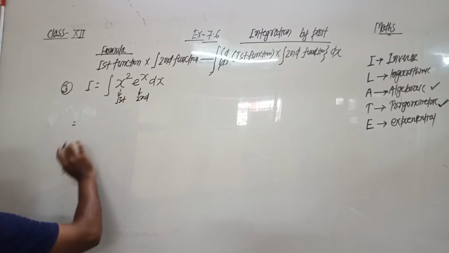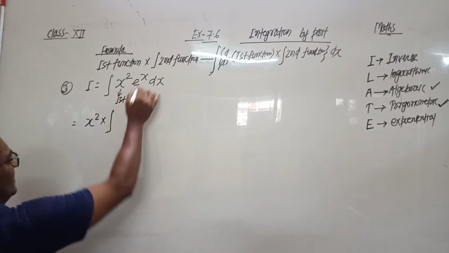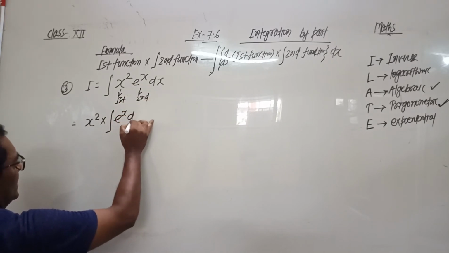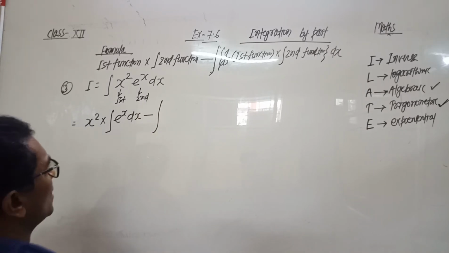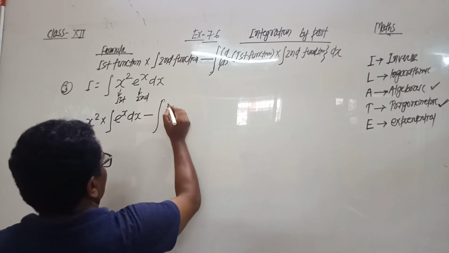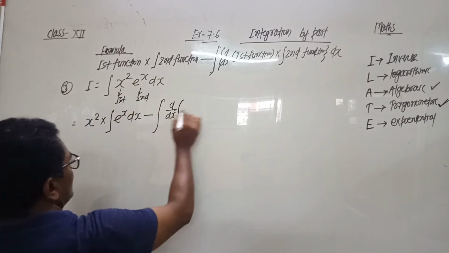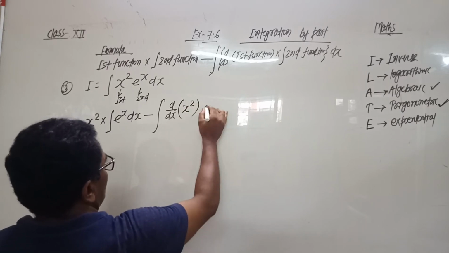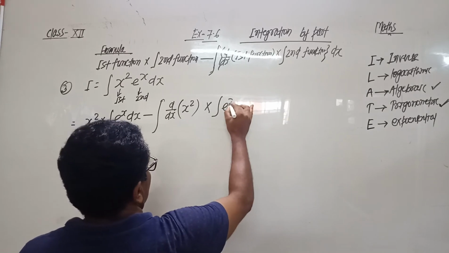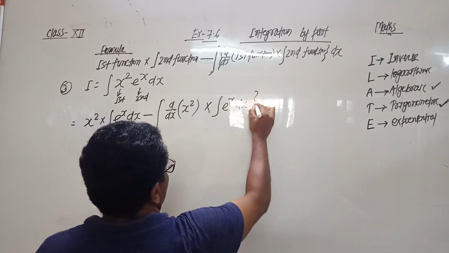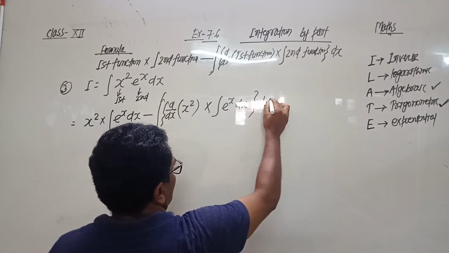So first function means x square into integration of second function e raised to the power x dx minus integration d by dx of first function, and the first function is x square into integration of second function e raised to the power x dx, and for this integral we use dx.